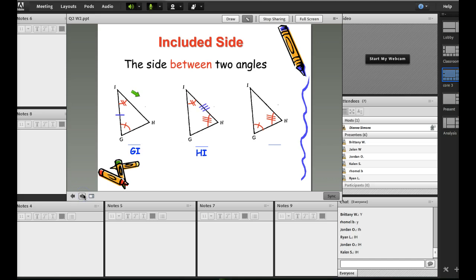Oh, they went backwards. I agree with everyone that said IH. All right, what about the last one? Okay, it's GH. All right, good.